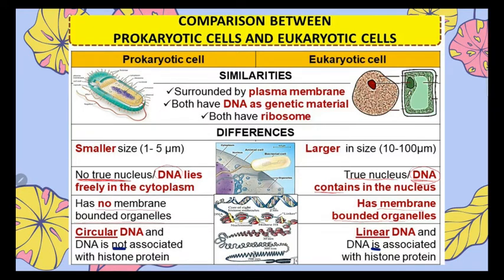So let's look at this aspect where if you want to differentiate both cells based on its DNA characteristic, you must give the complete sentences like this. Okay, you must explain about the shape, which is circular, and about the histone protein, which is for prokaryotic cell, it is not associated with histone protein. Okay, next.